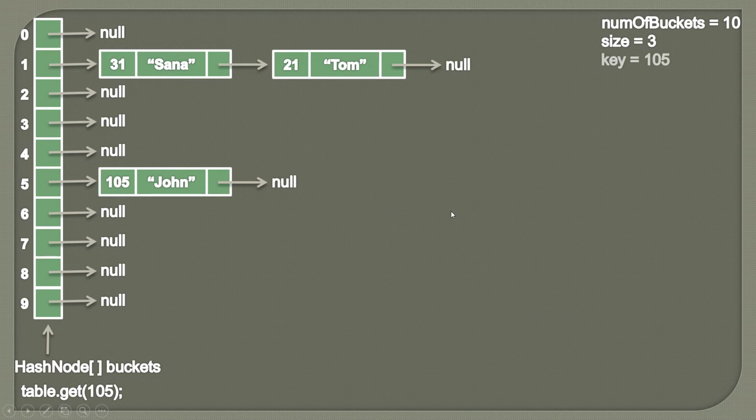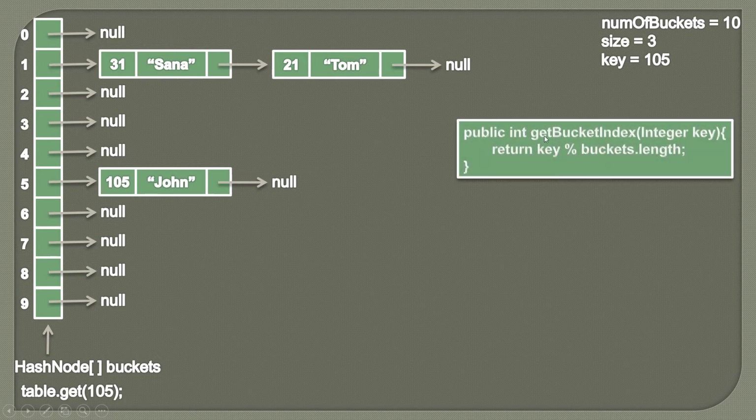At the start we pass this key to our hash function, and the hash function provides us with an index, and we search only in that particular index. This type of searching makes our data structure very efficient in searching.